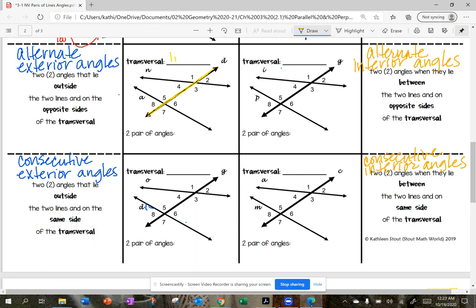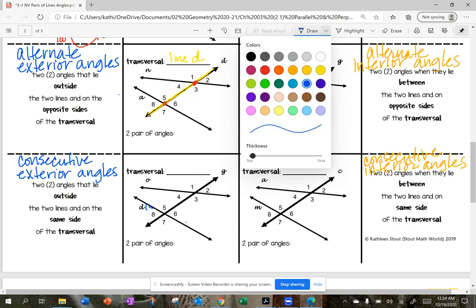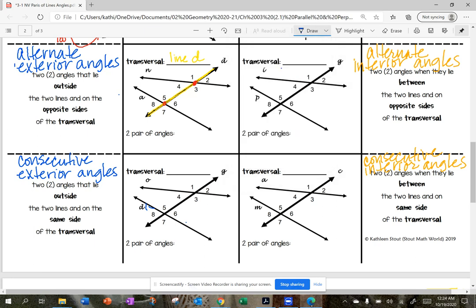So this is line D. Alternate exterior angles are the 2 angles that lie on the outside of the 2 lines on opposite sides of the transversal. Exterior means the outside, so outside of the 2 lines. I would be talking about this area and this area.